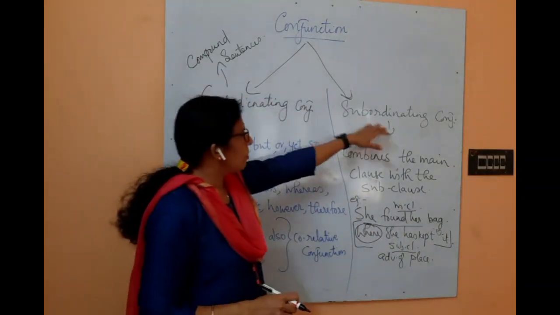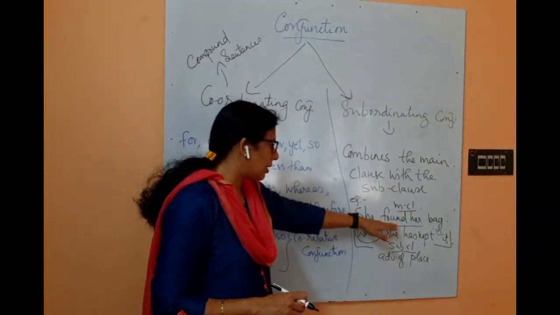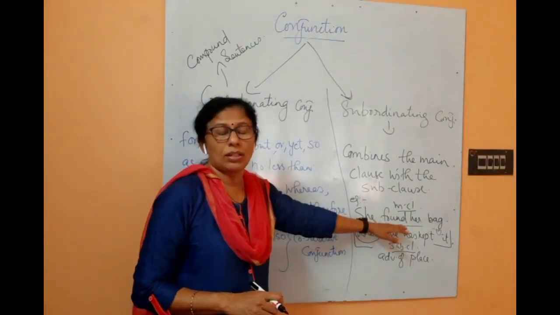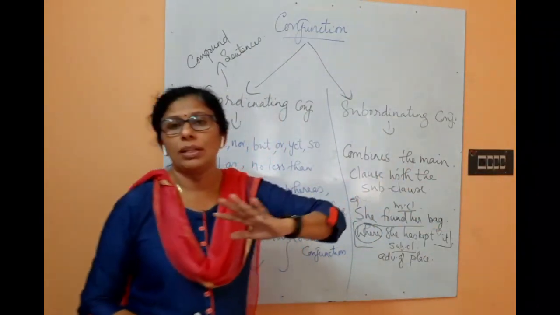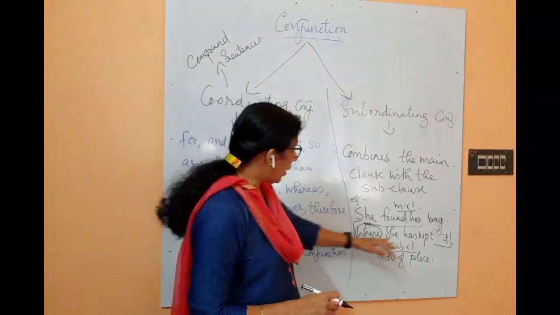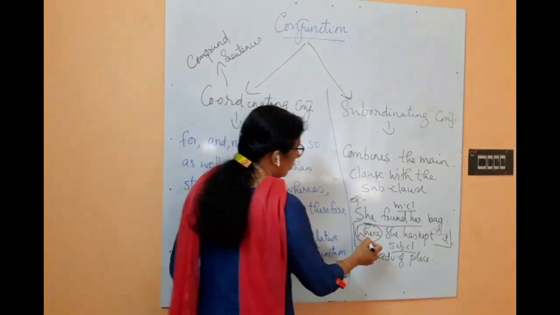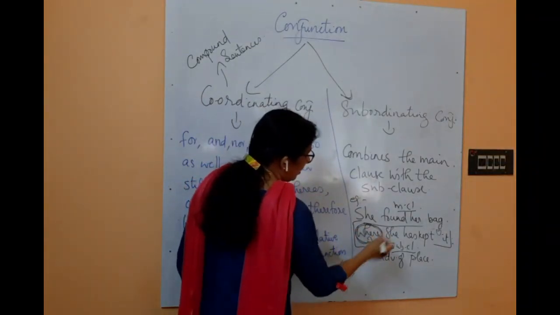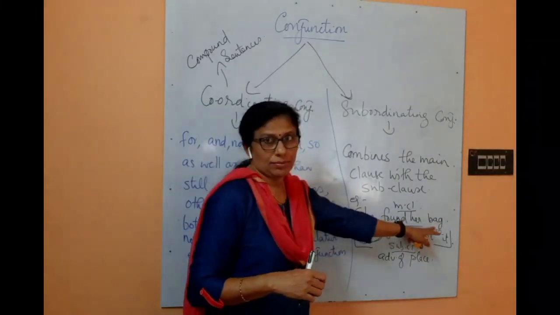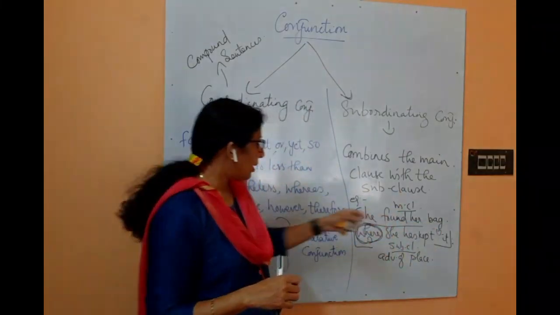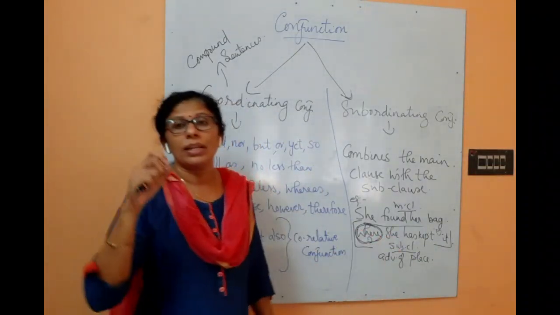Understood? So a subordinating conjunction combines the main clause with the subclause, and the main clause here is independent by itself. It need not want the support of the subclause to complete its meaning. She found her bag. The meaning is complete in that sentence. But where she has kept it is not complete. When we use the word where, the question arises. So the connection is, this part, where she has kept it, is incomplete.